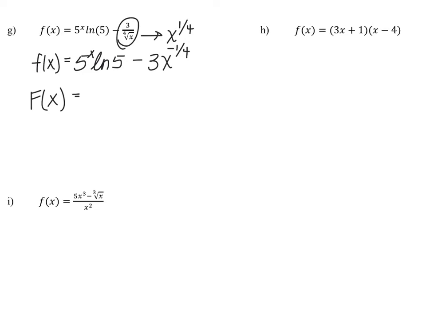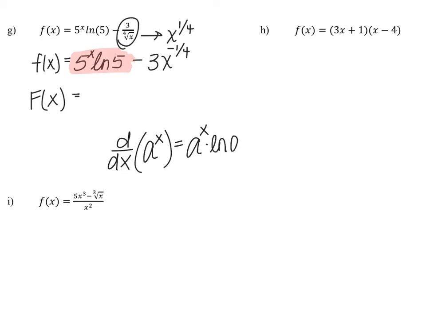Now be careful, because this first term, 5 to the x times natural log of 5, that's another one that we have to really rely on our memory of what kinds of functions had derivatives in this form. And so this comes from the derivative of an exponential function. So let me just remind you what you would have learned earlier. The derivative of a to the x power is a to the x times the natural log of a, or the natural log of the base.